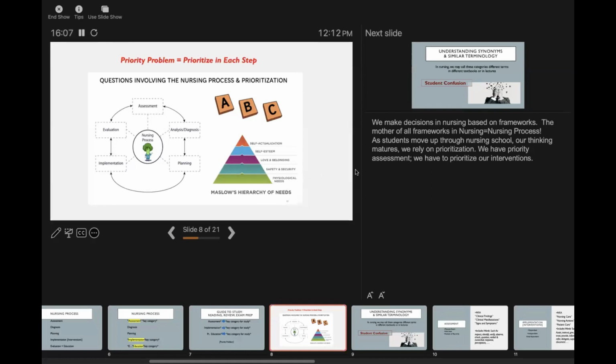So that's a priority framework. Or like ABCs, airway, breathing, circulation. Those are very common prioritizing frameworks that we see. So I just wanted to point that out for you to think about in your own study. Those categories of assessments, interventions, patient ed get a lot of it, but then our thinking process does mature with this priority framework.